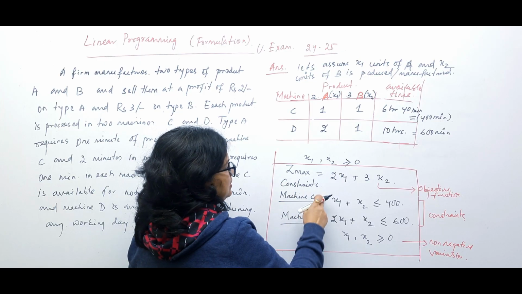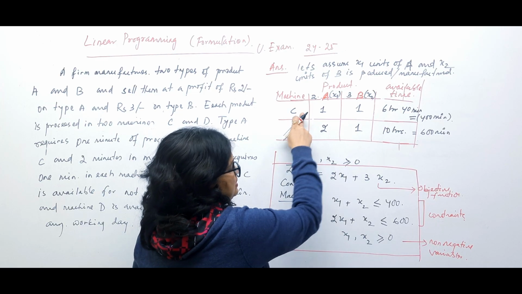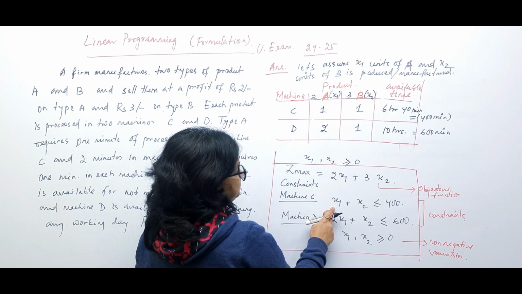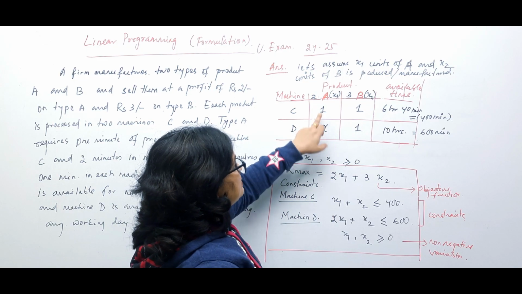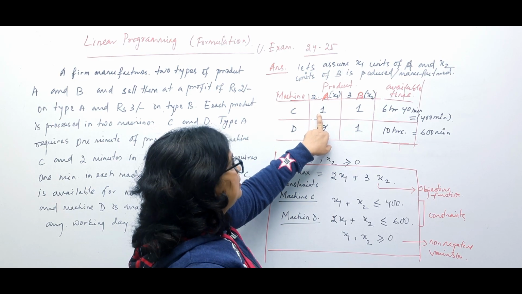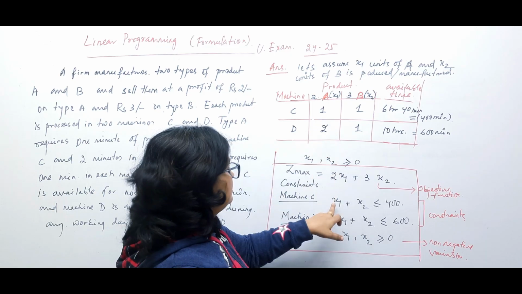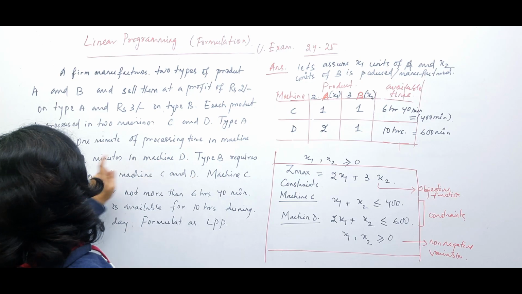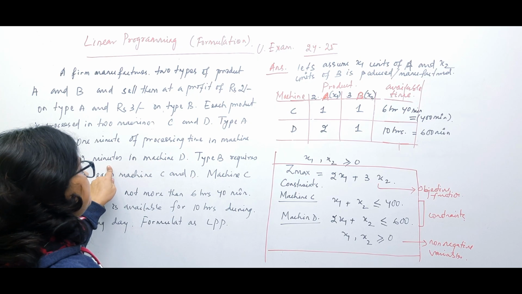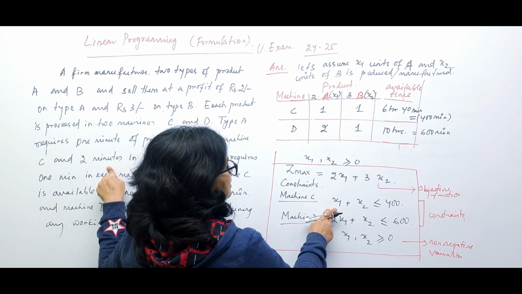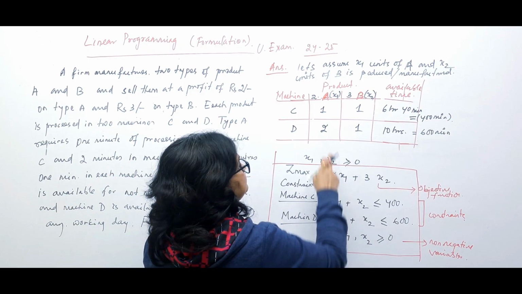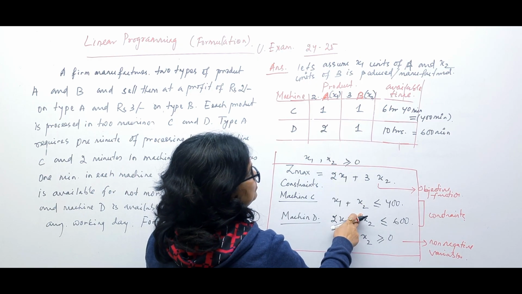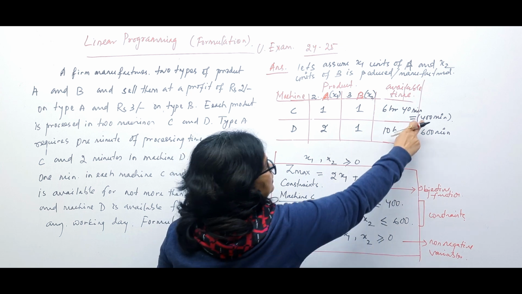First you write the constraints. For machine C, because A takes 1 minute, x1 plus x2 less than or equal to 400.